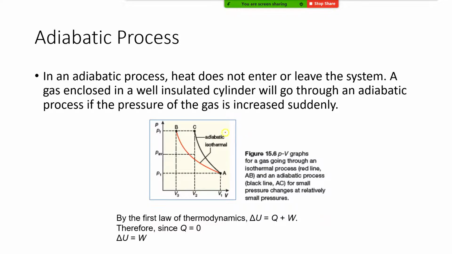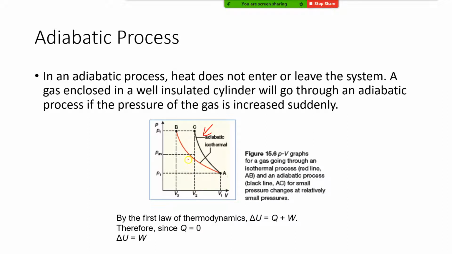So if you look at the graph right here, this one is for the isobaric, right? And you can see how the curve looks when compared to this one. It's more linear in a sense than the one that talks about isothermal.